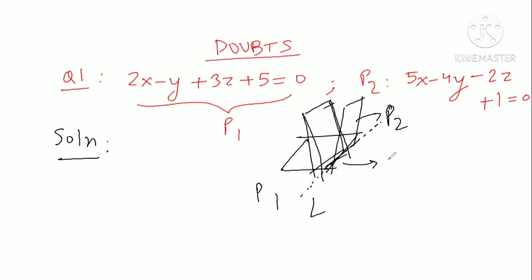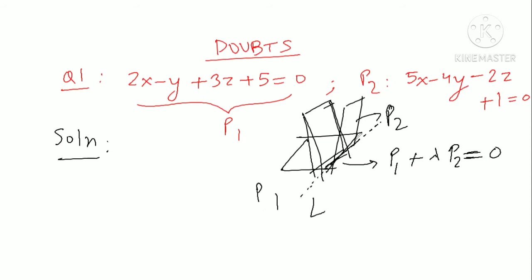So basically we can say that the new plane will be a member of the family of planes for these two planes. So we can write the equation of this plane as P1 plus lambda P2 equal to 0.